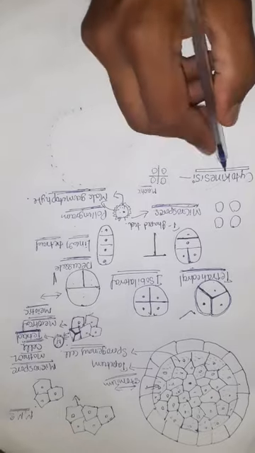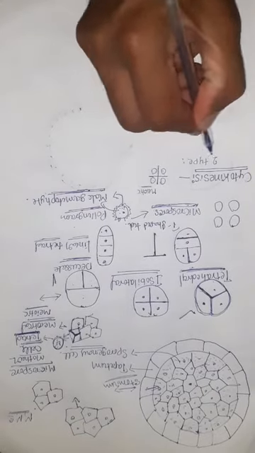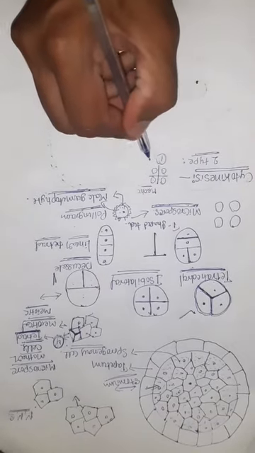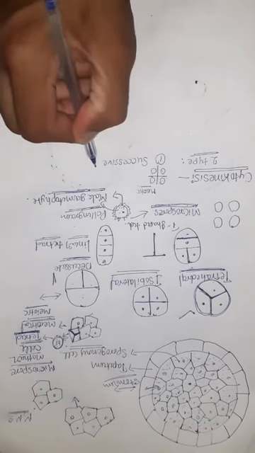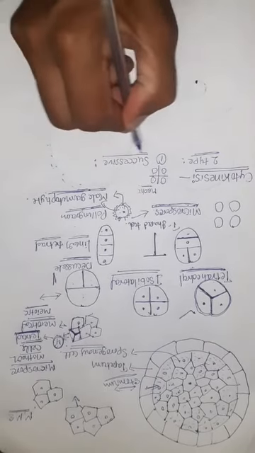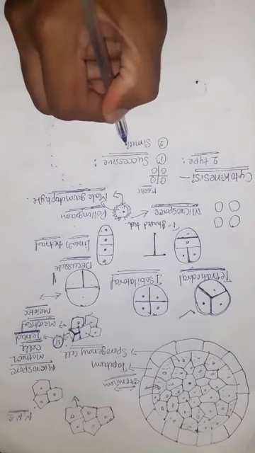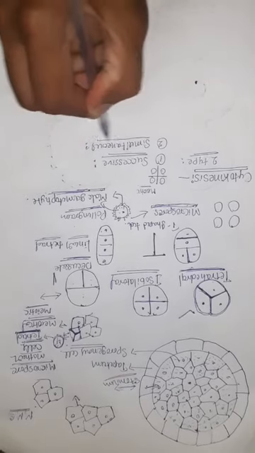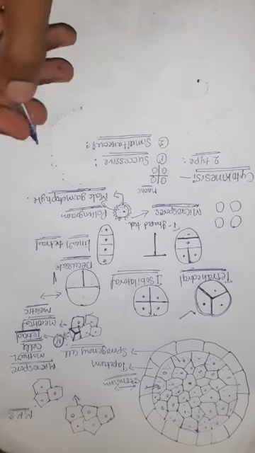Based on that, we may observe 2 types of cytokinesis during this meiotic division. The first type is the successive type of cytokinesis. The second one is the simultaneous type of cytokinesis.